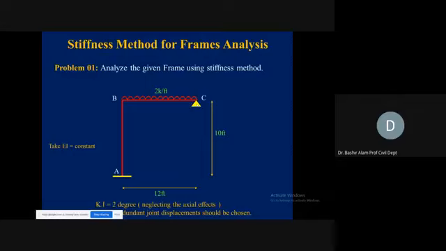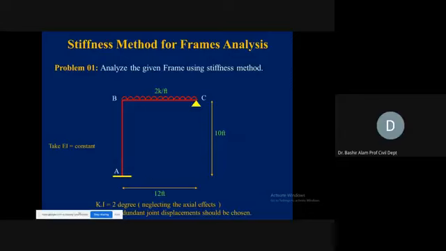But now if we ignore the axial effects, it means it cannot go in the horizontal direction, it cannot go in the vertical direction, and we have 2 members there to stop that effect now. So 4 minus 2, it is becoming a 2 degree kinematically indeterminate problem. And which are those 2? Rotation at B and rotation at C. So theta B and theta C are becoming our unknowns.